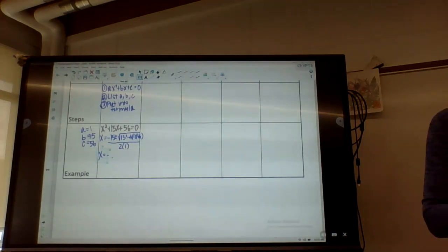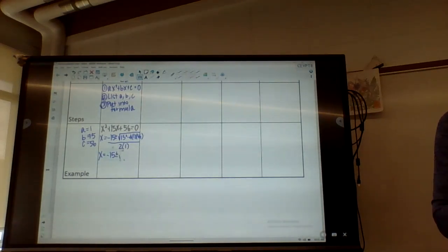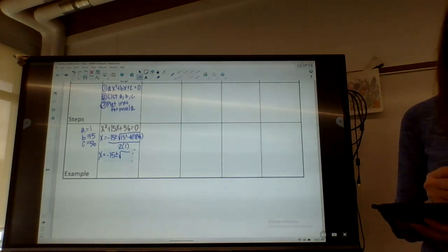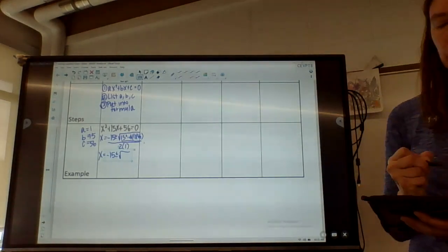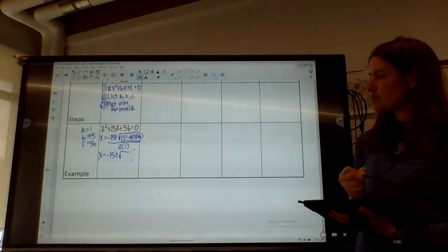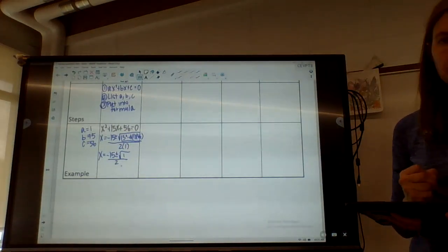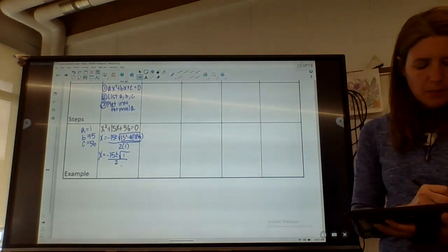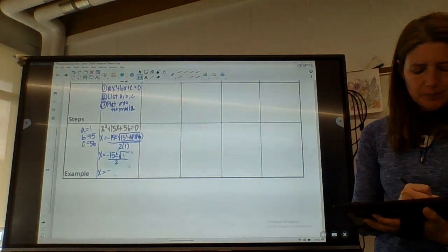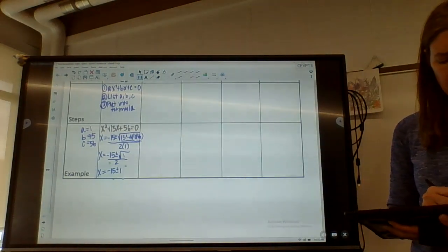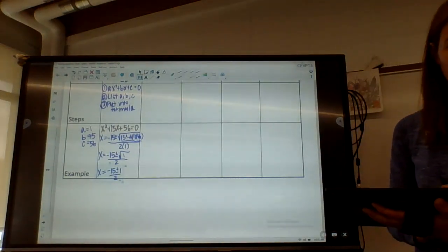So when I do everything underneath the square root, so I'm going to do all of this under the square root. So 15 squared minus 4 times 1 times 56. I should actually get 1. And square root of 1 is a nice number. It's just 1. So we're going to do our 2 outcomes here.